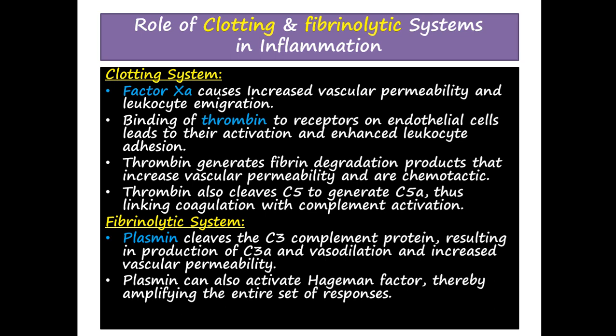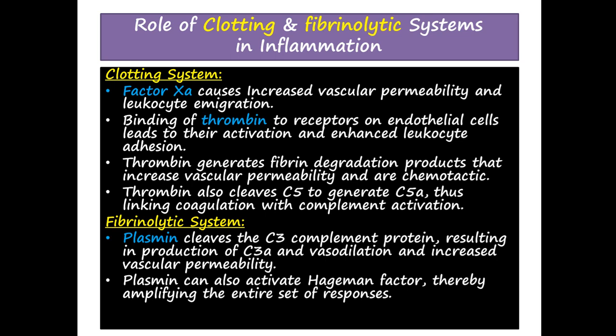Thrombin also causes breakdown of C5 to generate C5a, and in this way thrombin links the coagulation system to the complement system, because thrombin is a product of the blood coagulation. But since it converts the complement protein C5 into C5a, we can say that the two systems are integrated, and thrombin links the coagulation system to complement activation.